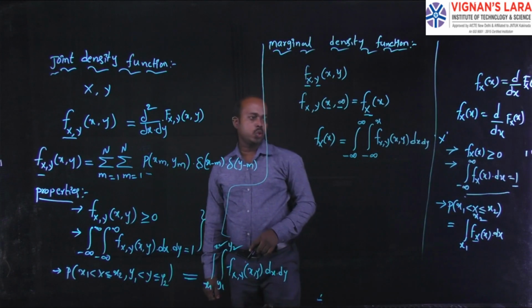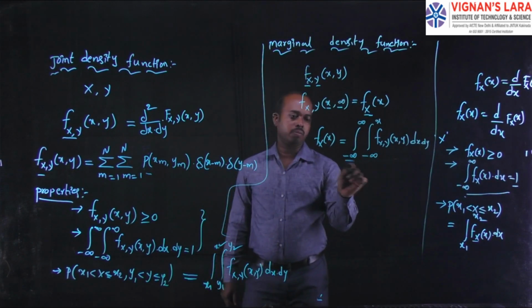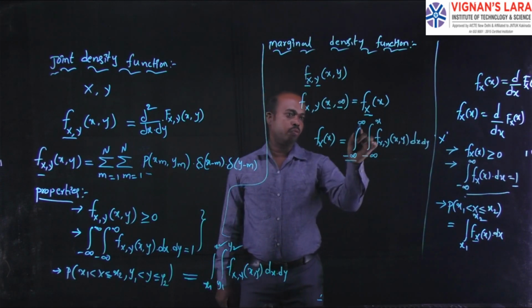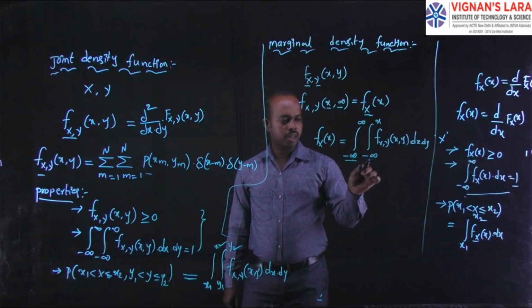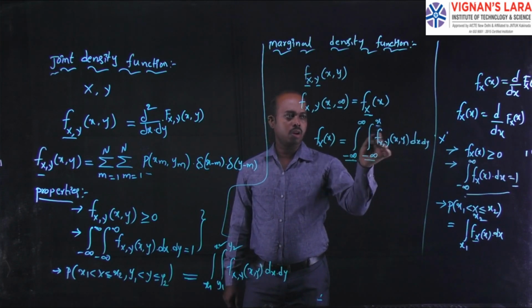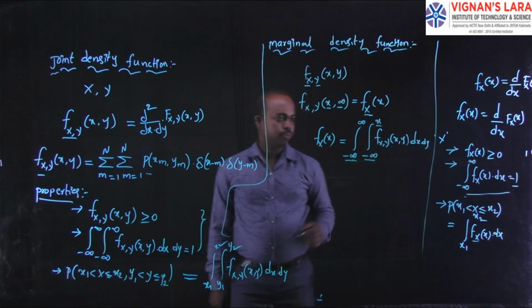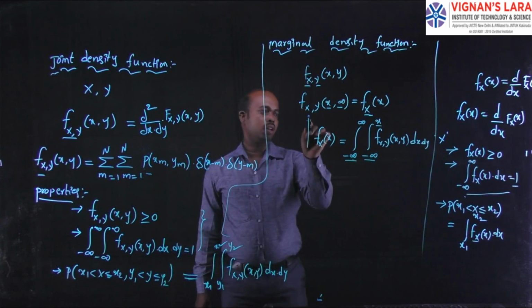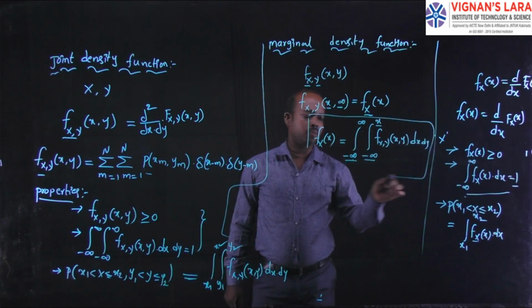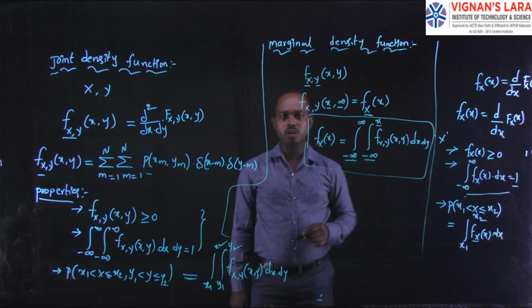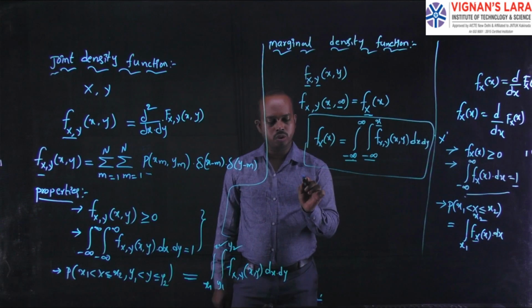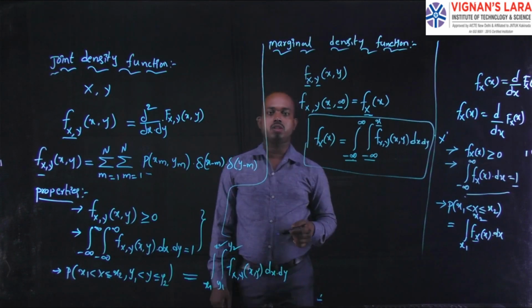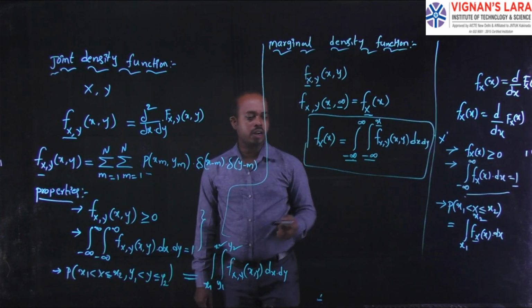In this case, we are eliminating the y term with the limits of minus infinity to plus infinity. We obtain the x value of the entire function with the limits of minus infinity to x. This is the formula for the marginal density function of random variable x. Similarly, in case of marginal distribution, it's not a marginal distribution, it's a marginal density function for a random variable y.